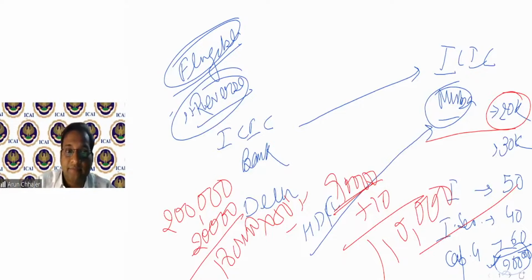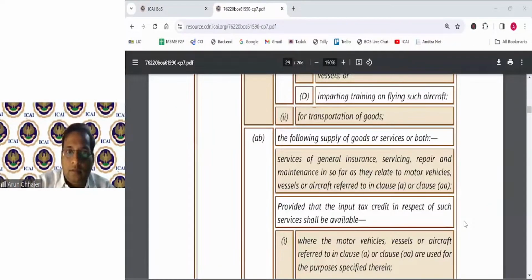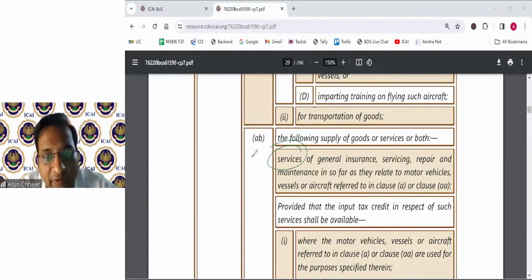Clause (ab) says that if you incur expenditure on account of servicing, repair, maintenance of that motor vehicle, which motor vehicle?